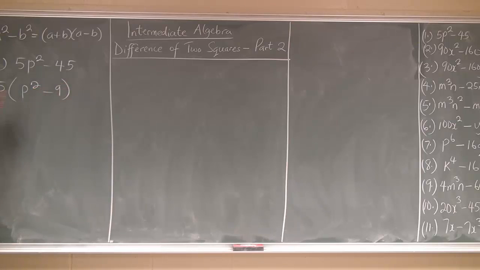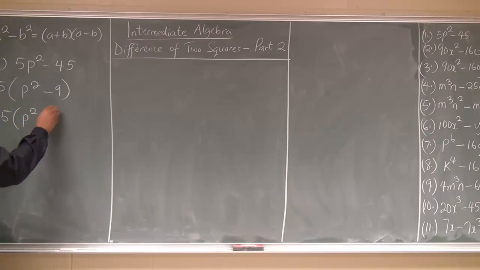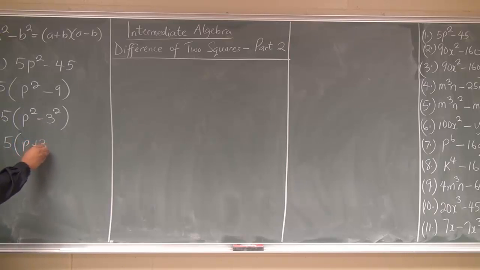So what we just did was factoring by GCF. And when we factored by GCF, we now see that we have the difference of two squares. So we can go ahead and complete this. This is now p squared minus 3 squared, and this will give you 5 times p plus 3 times p minus 3.